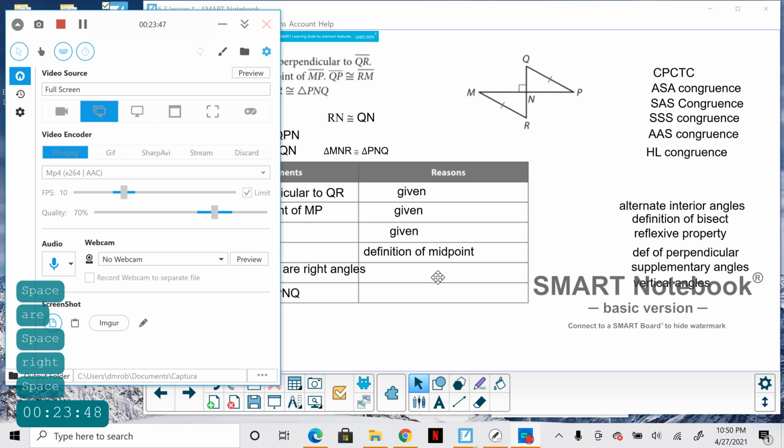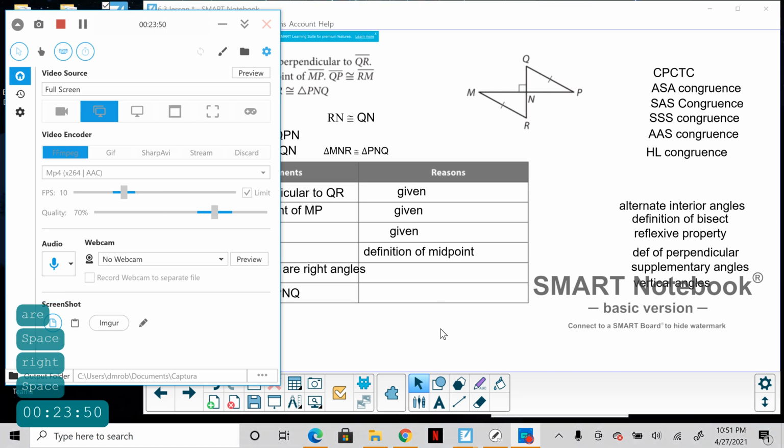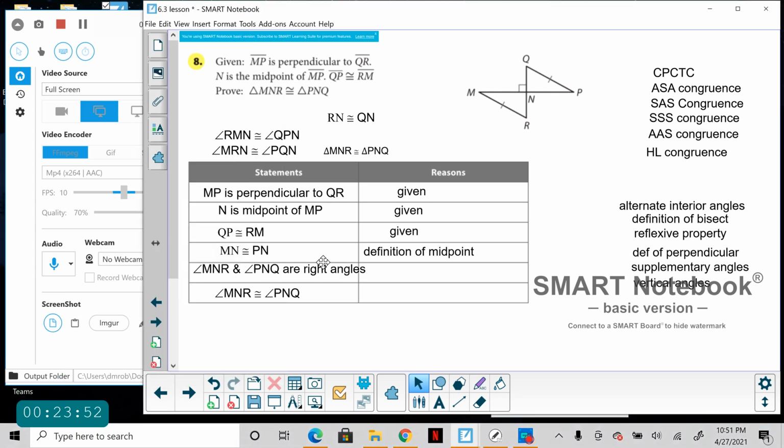Okay, sorry about that. So we have the definition of midpoint. We can also state that MNR and PNQ are right angles because this is the definition of perpendicular. And so then we can say that the two angles are congruent because all right angles are congruent.